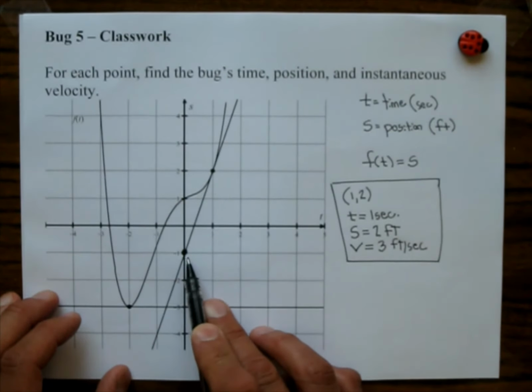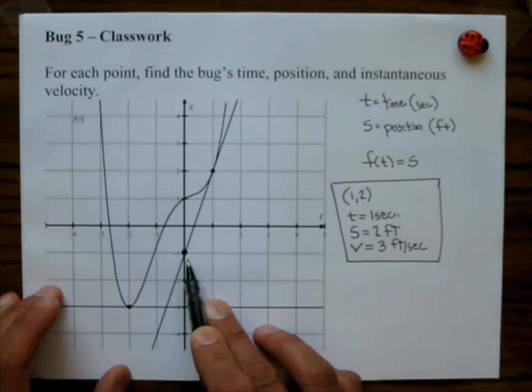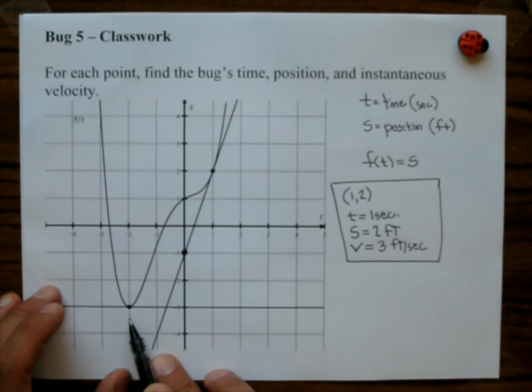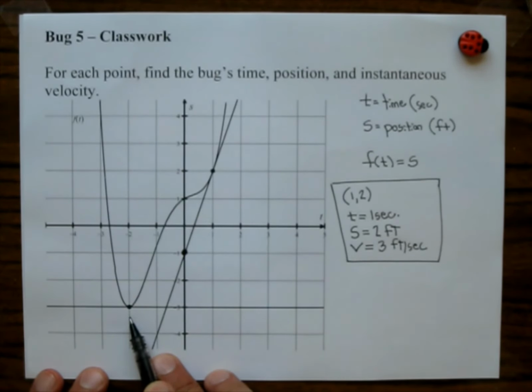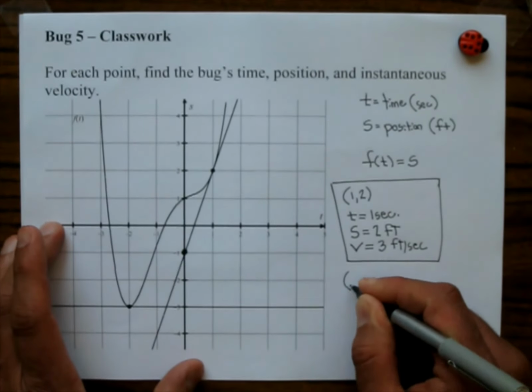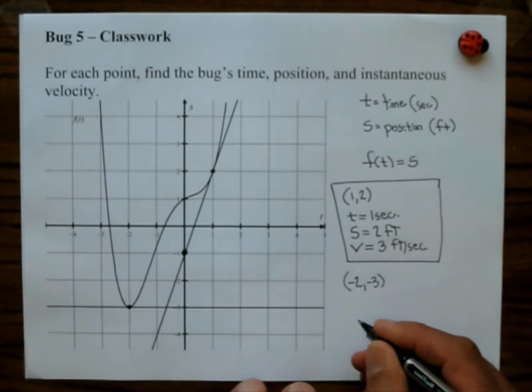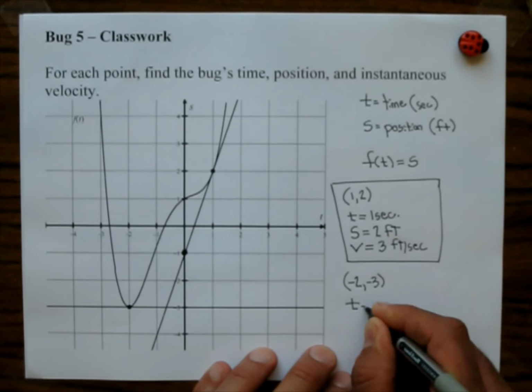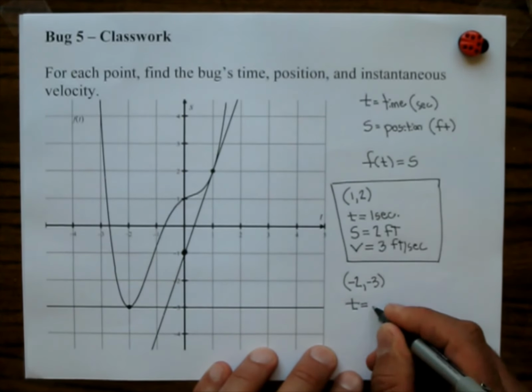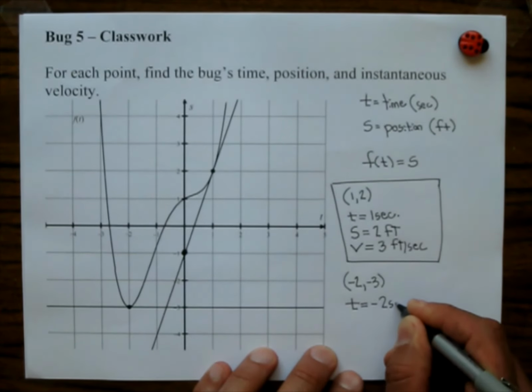Now it looked like there was a point on there, but I just drew that to find the slope. The next point is this point down here, which is the point -2, -3. Let's find the time at that point. The time is the input, which is -2 seconds.